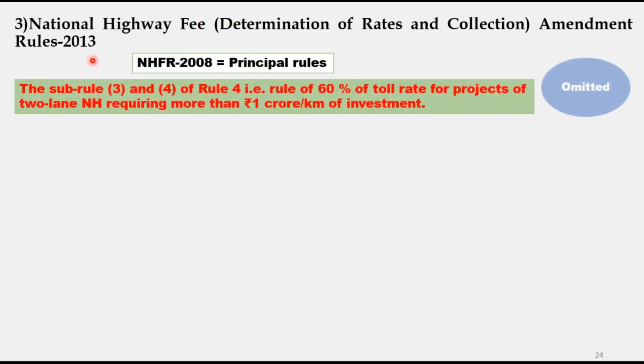Now these were further amended in 2013, and now the rules of 2008 are called principal rules, and the sub rule 3 and 4 of rule 4, that is the rule of 60% of toll rate for projects of 2 national highway requiring more than 1 crore per kilometer of investment, was removed.